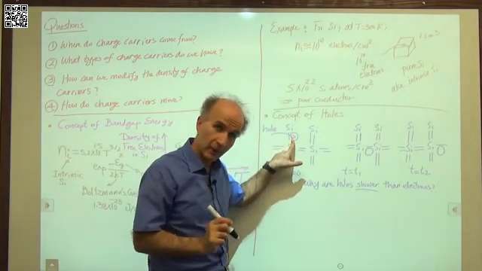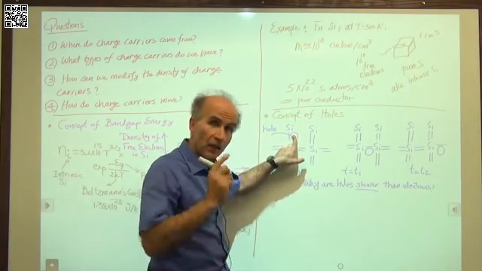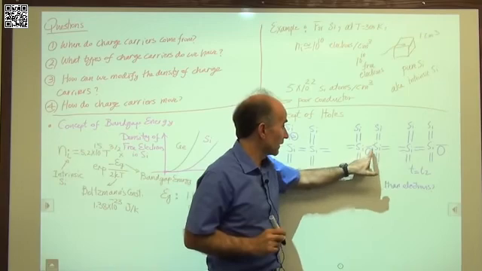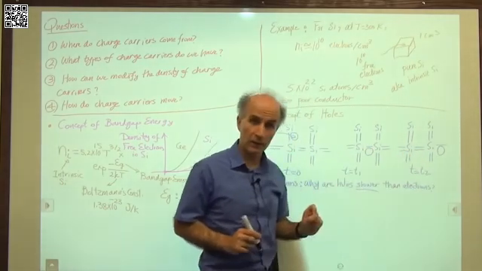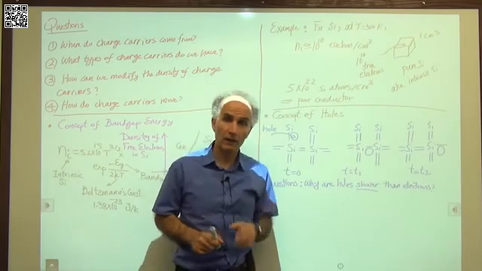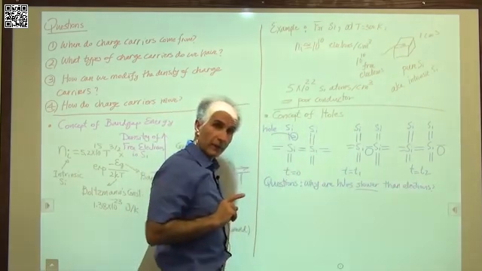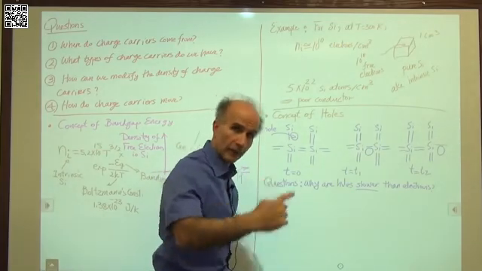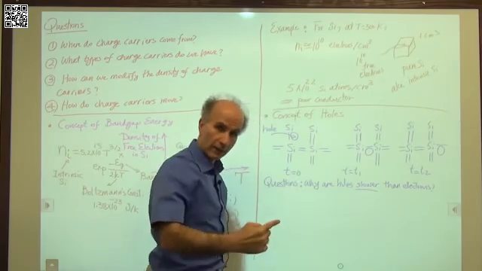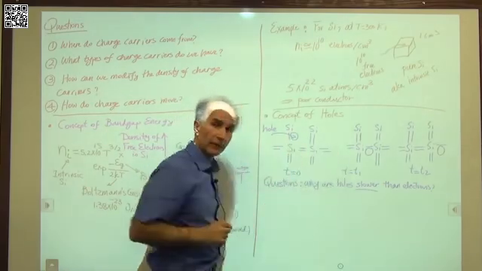and trapped. One electron was released from here and trapped here. Then another electron was released from here and trapped here. So it's not like an electron that just shoots through the lattice and conducts current. It's this operation of release and trap of electrons that equivalently allows a hole to move around.